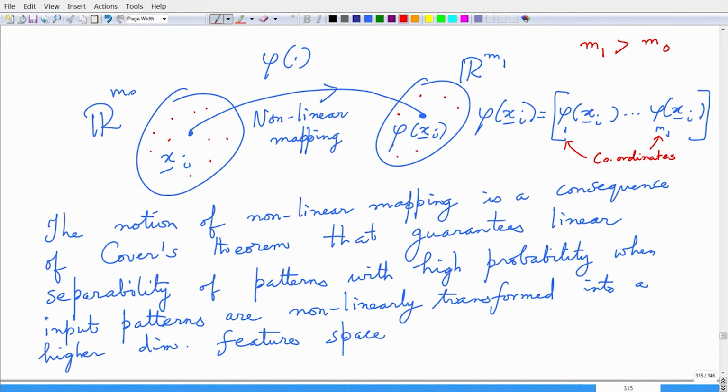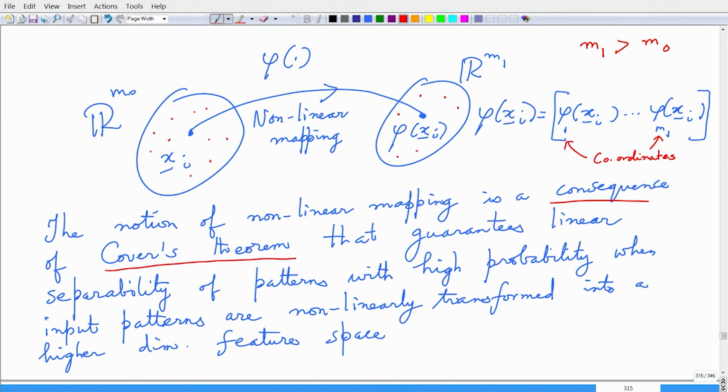The notion of nonlinear mapping is a consequence of Cover's theorem. We studied Cover's theorem in an earlier module, and Cover's theorem guarantees linear separability of patterns with high probability when the input patterns are non-linearly transformed into a higher dimensional feature space, right. When we go to a higher dimensional feature space using a non-linear transformation, with high probability we can guarantee linear separability of these patterns.